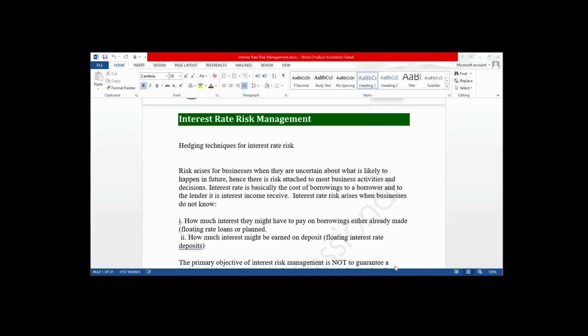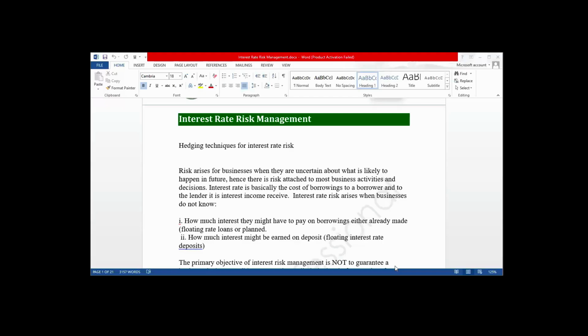Interest rate risk might arise when a company is planning to borrow money at a future specified date. For example, today is 20th of April, and we had a management meeting.